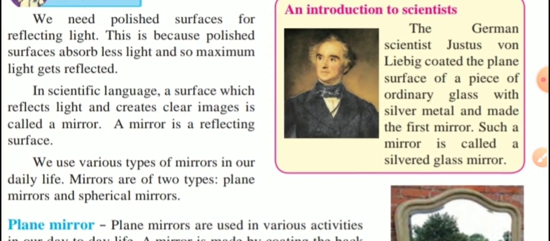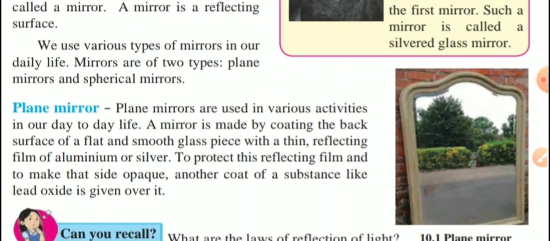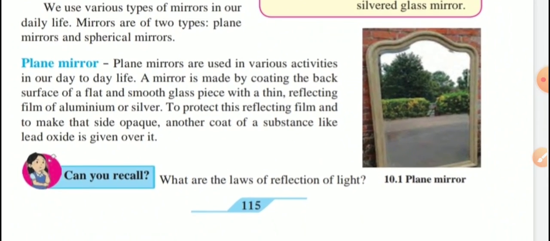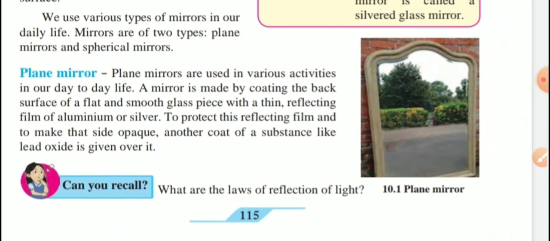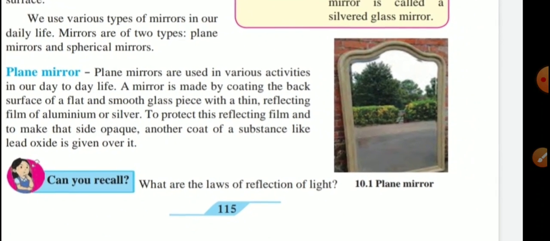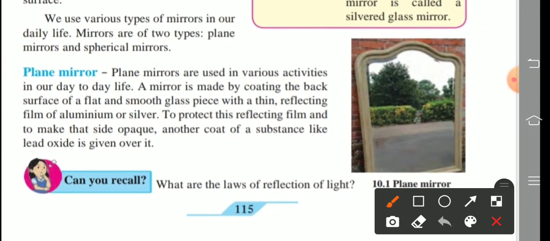Next one, plane mirror. See in the figure or in the picture what is given. This is a plane mirror. All of you observe here. Question asked here for 2 marks. Write a short note on plane mirror. See the explanation. Plane mirrors are used in various activities in our day-to-day life.